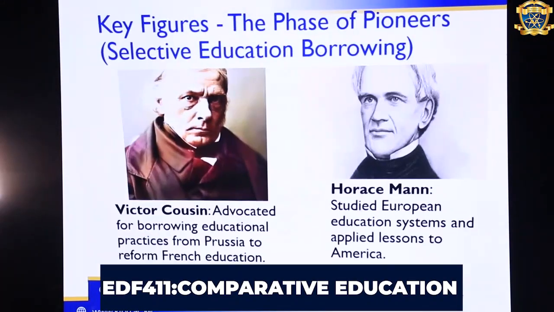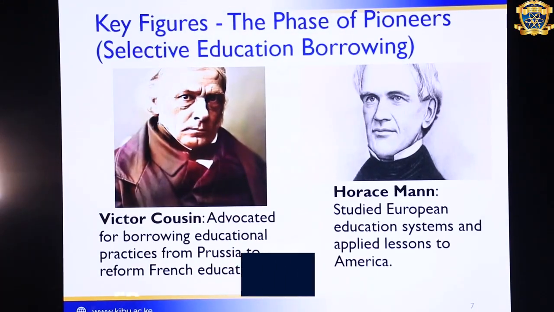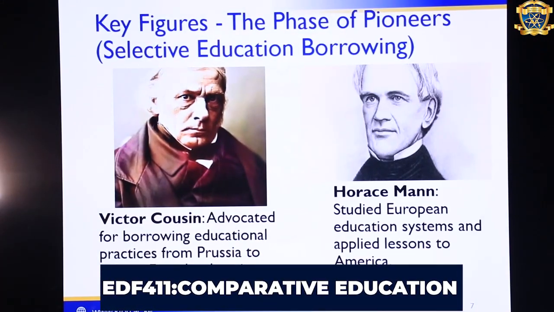Before we go to the next phase, maybe we should talk about the contributors, the key figures of that phase. And you can't talk about that phase of pioneers without talking about Victor Cousin, who is the one who advocated for the borrowing of education practices from Prussia.